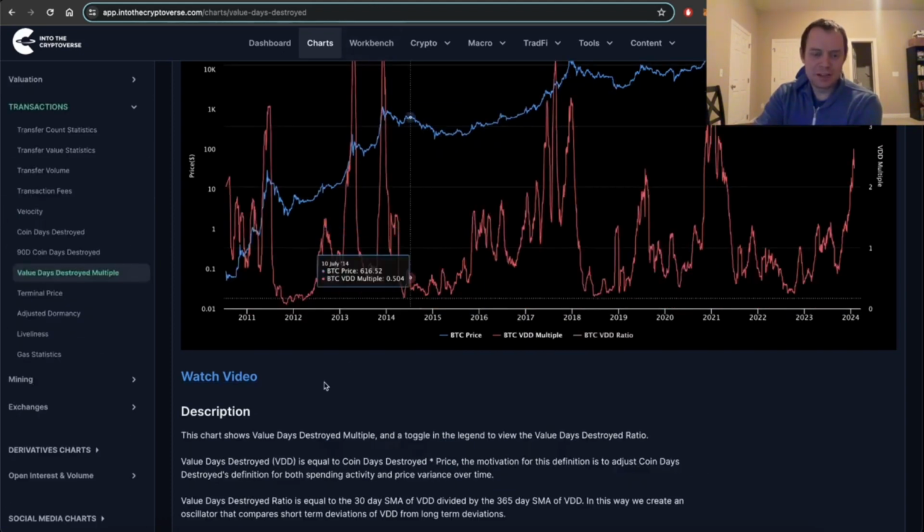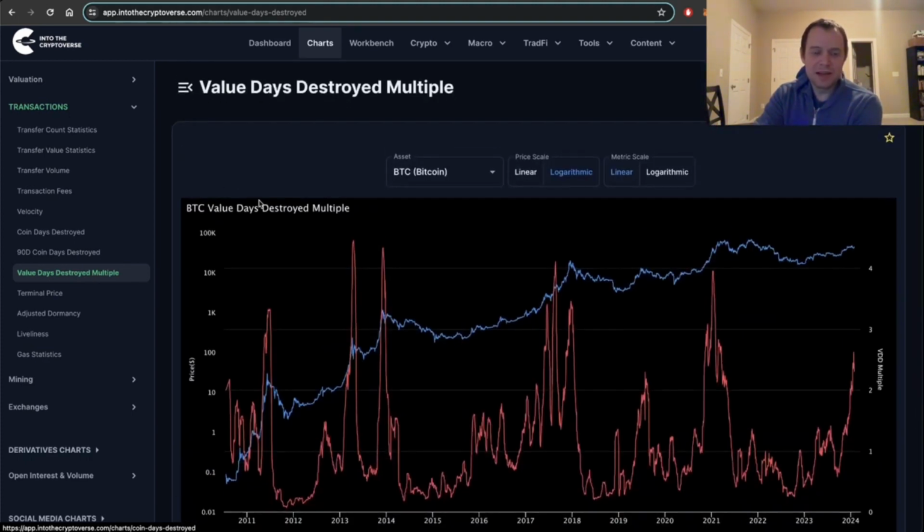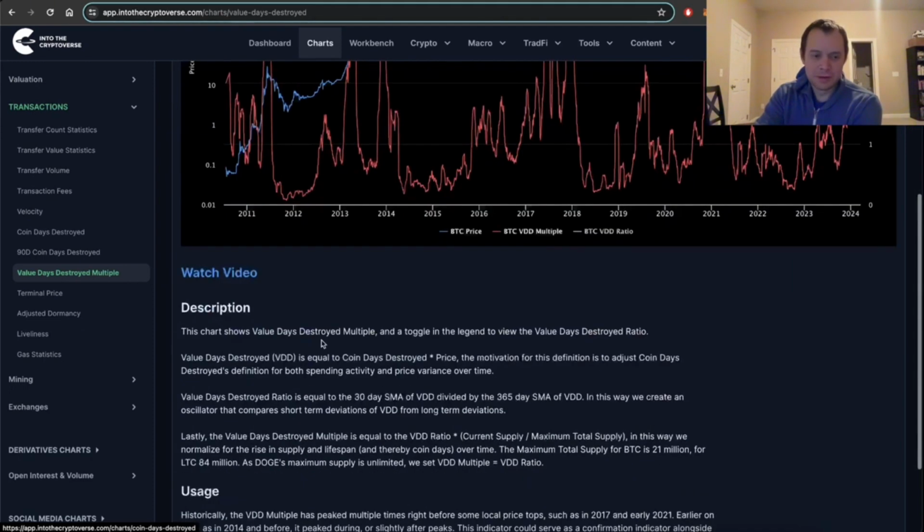So going back to this chart, value days destroyed is equal to coin days destroyed, which we've just defined, times the price. The motivation for this definition is to adjust coin days destroyed for both spending activity and price variance over time.